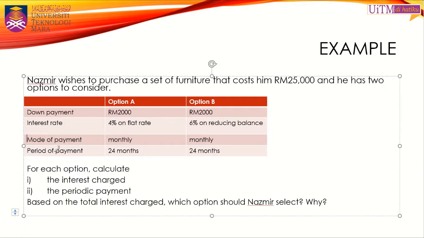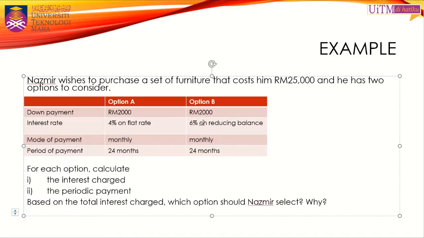So the mode of payment and the period of payment, including the down payment, are the same for both option A and option B. The only difference in these two options is the interest rate, whereby option A has 4% on flat rate basis, but option B is 6% on reducing balance.